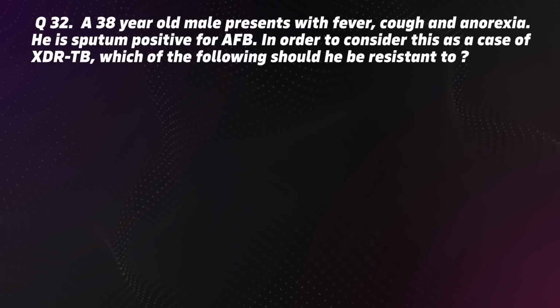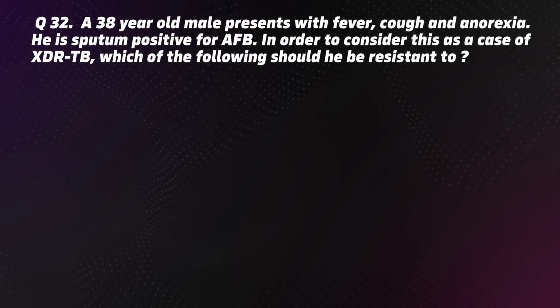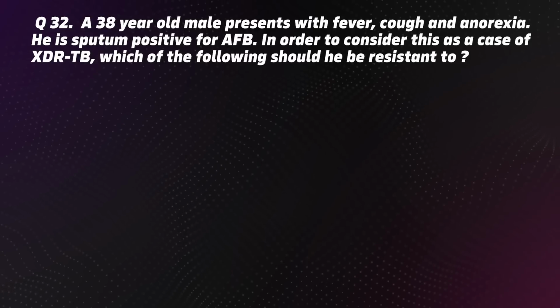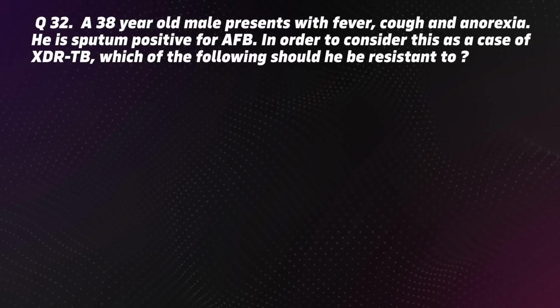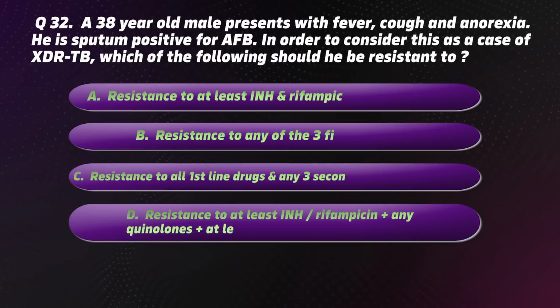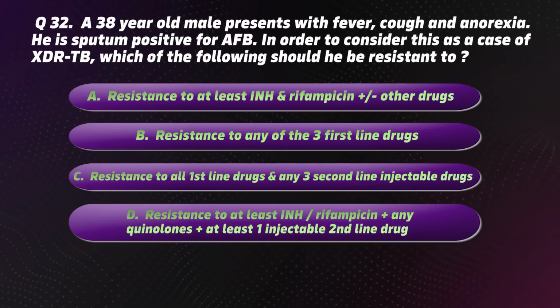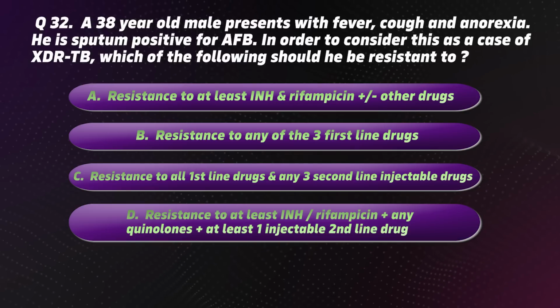Question 32. A 38-year-old male presents with fever, cough and anorexia. He is sputum positive for AFB. In order to consider this as a case of XDR-TB, which of the following should he be resistant to? Here are the options. A. Resistance to at least INH and rifampicin plus other drugs. B. Resistance to any of the 3 first-line drugs.